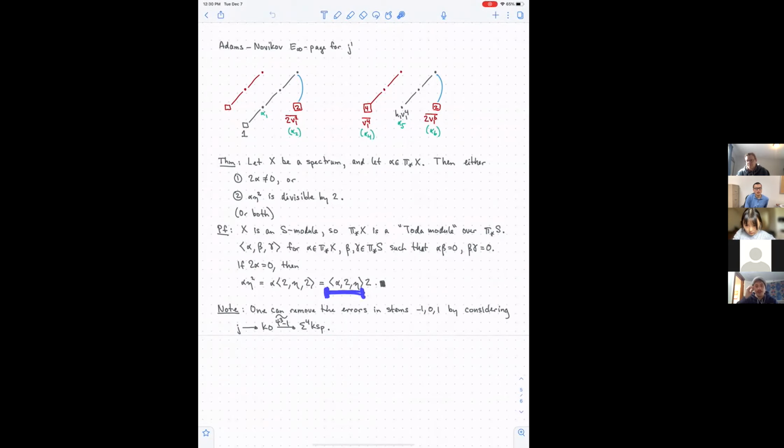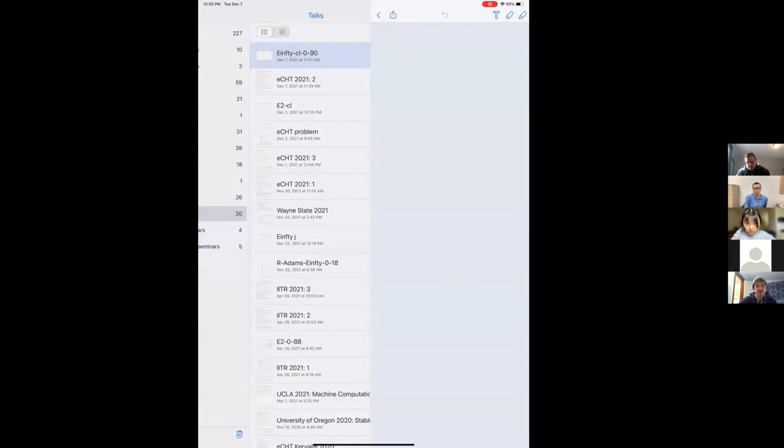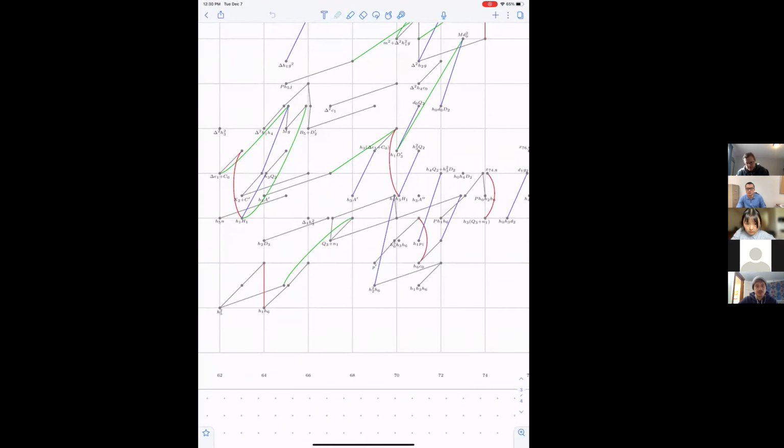Sometimes you do have a way of figuring out alpha 2 eta, and sometimes you don't. Here, let me show you one.